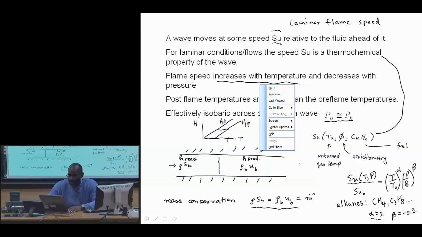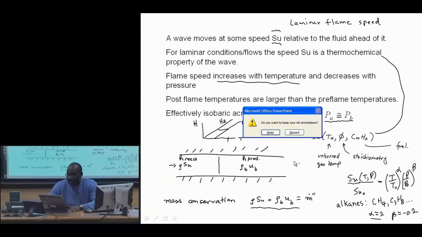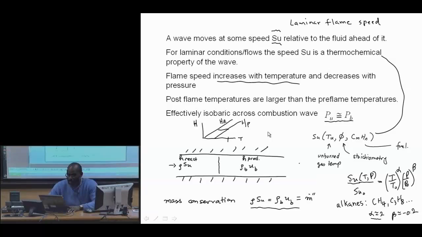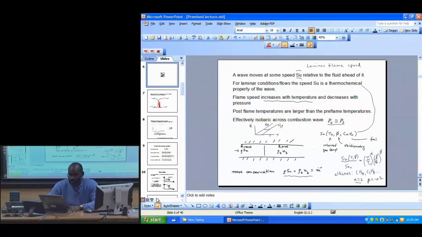Okay, let's see, how do we do that? So we're going to jump out of the, let's keep that. And what we're going to do is insert a slide right there.